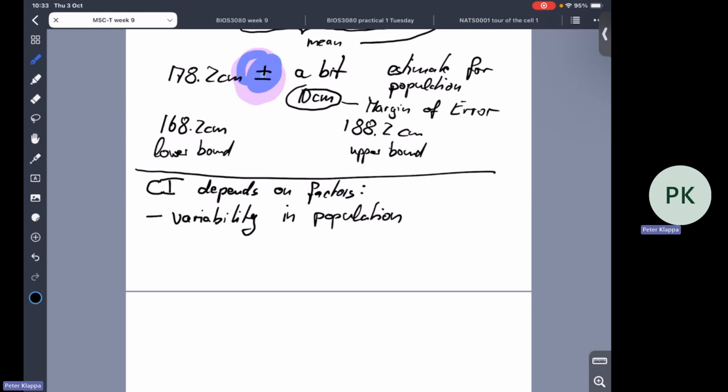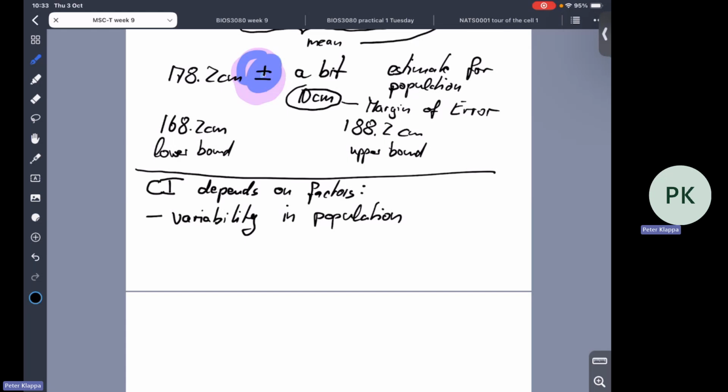On the other hand, if the population is incredibly diverse, so I've got the basketball players, and then the vertically challenged, let's put it this way, right?